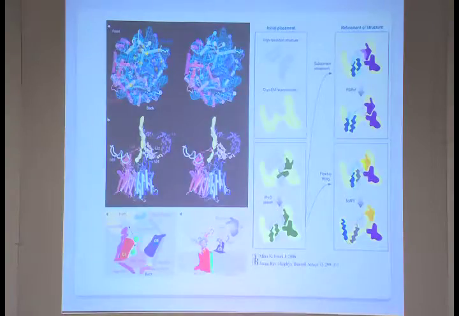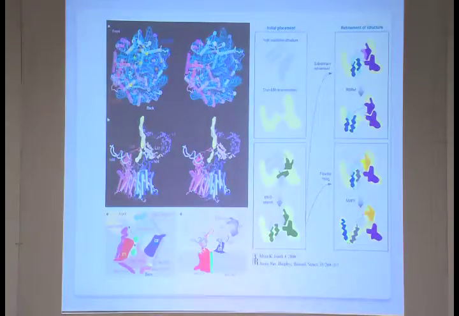I mean, at least they claimed that, and it came out in Cell, I guess. But after that, whether it was confirmed by any crystal structure or not, I really don't know. I don't remember. But there they predicted a crisscross kind of helical orientation by the normal mode approach.